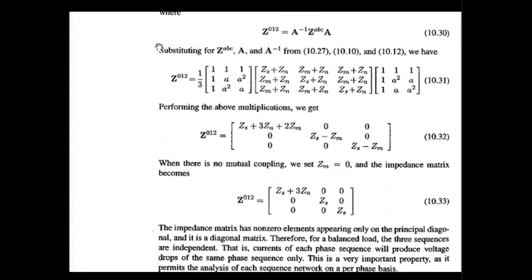You can cross check this matrix to see whether you get Z0, Z1, Z2 by multiplying this matrix, then multiplying the second one with that, considering the 1/3 factor as well.